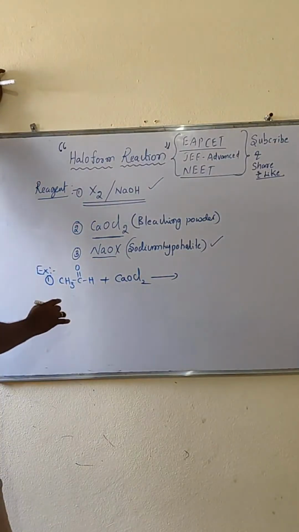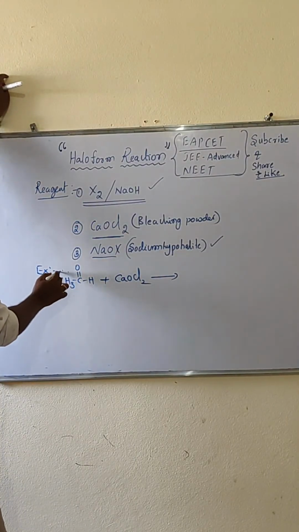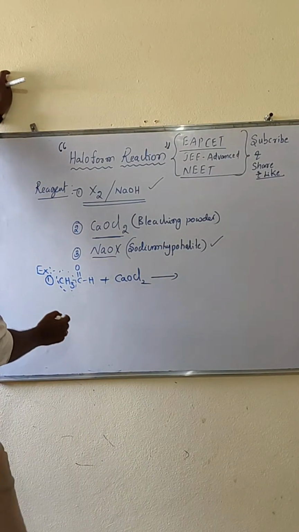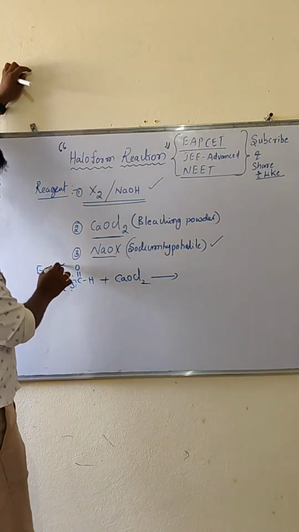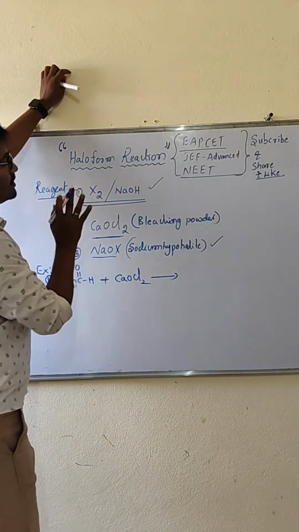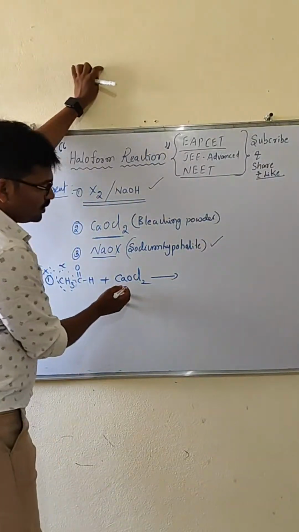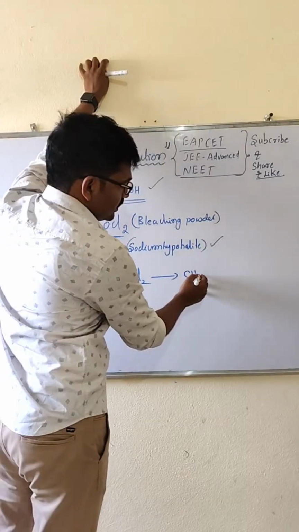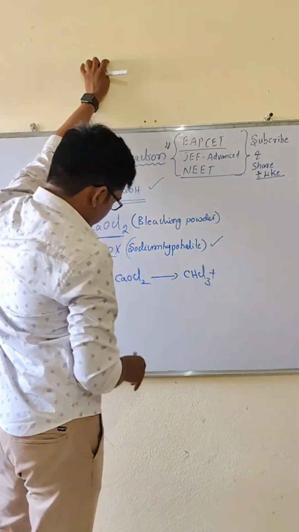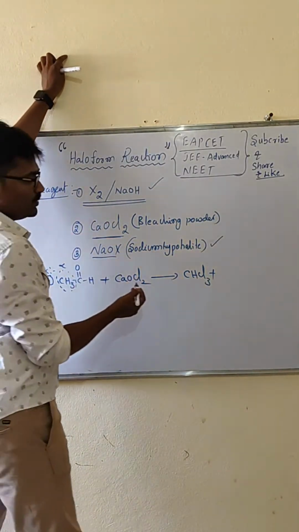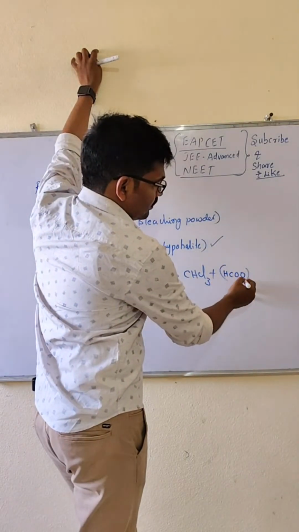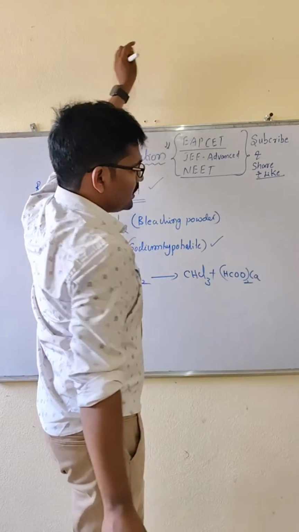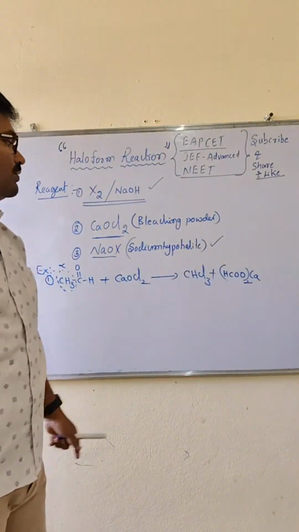The methyl group alpha to the carbonyl can be converted into haloform. Here chlorine is used, so CHCl3 will be formed, plus the remaining group is converted into (HCOO)2Ca. So the calcium salt of the carboxylic acid will be formed.